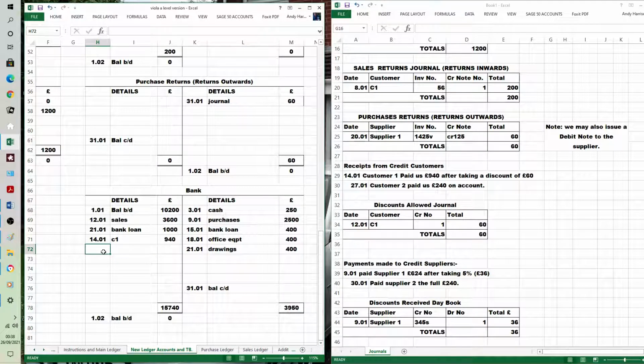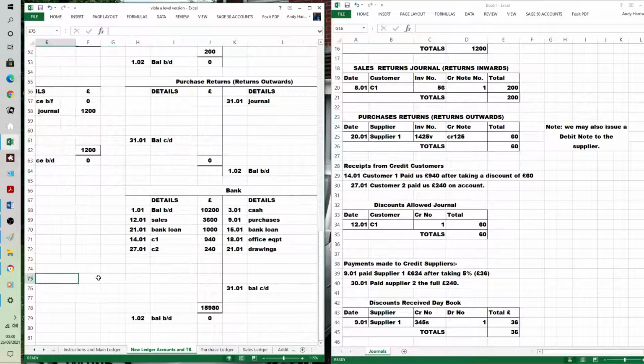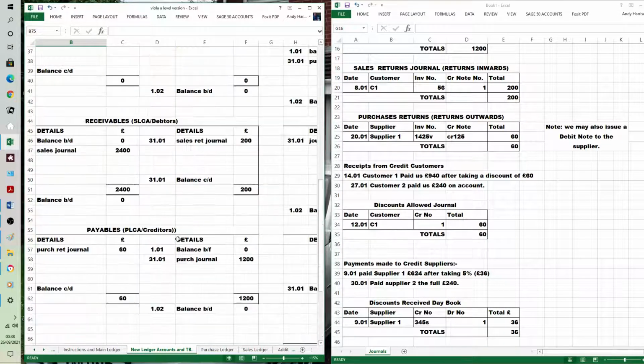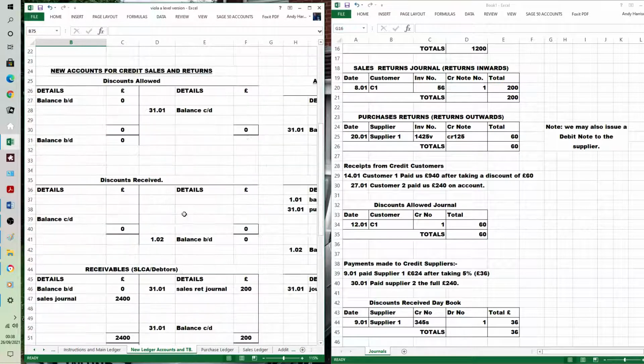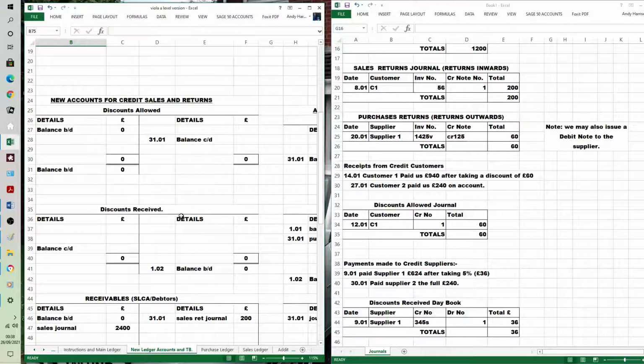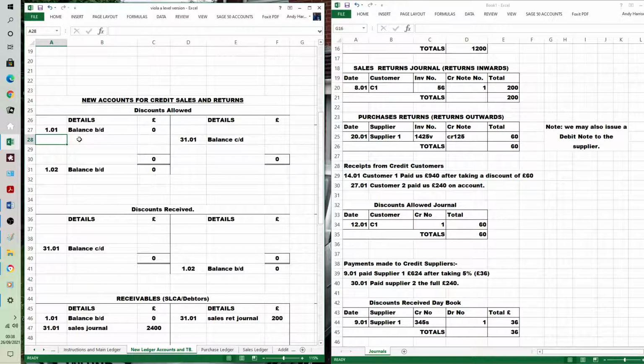And on the 27th of the 1st, C2 paid us 240. So the discount, of course, doesn't go in there. The discount goes in the discount account. So we've allowed a discount of 60, and it was the 14th first. C1 got the discount 60.